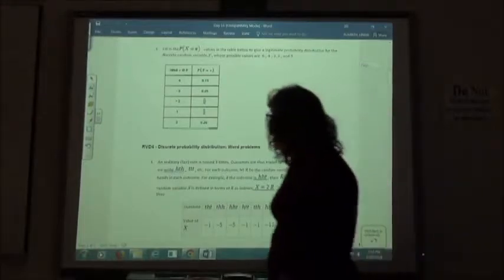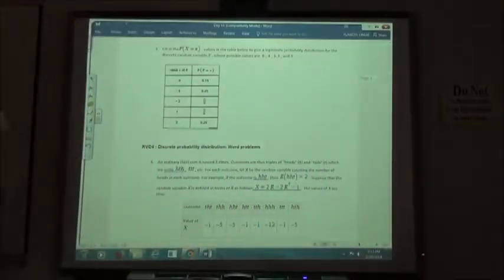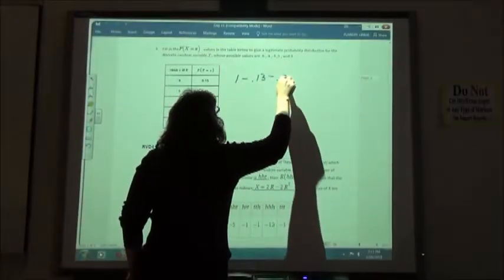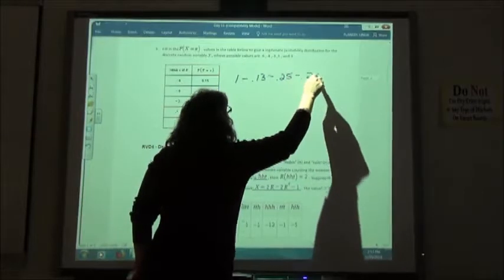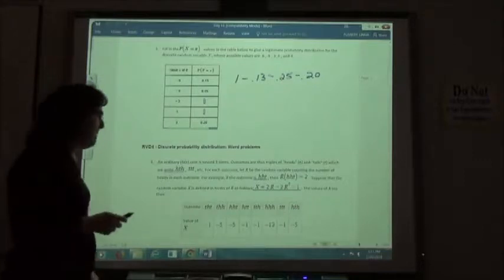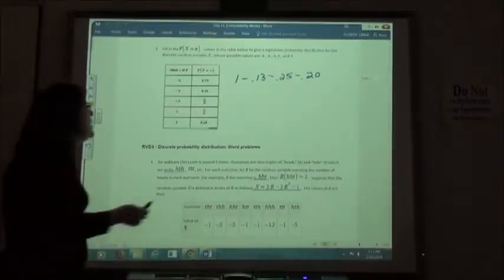So number 3, same kind of thing. I know that in my table, all of my numbers should add up to 1. I'm going to take 1 and subtract the ones I already know, and that's going to tell me how much I have left to divide up between the other 2. 0.42.